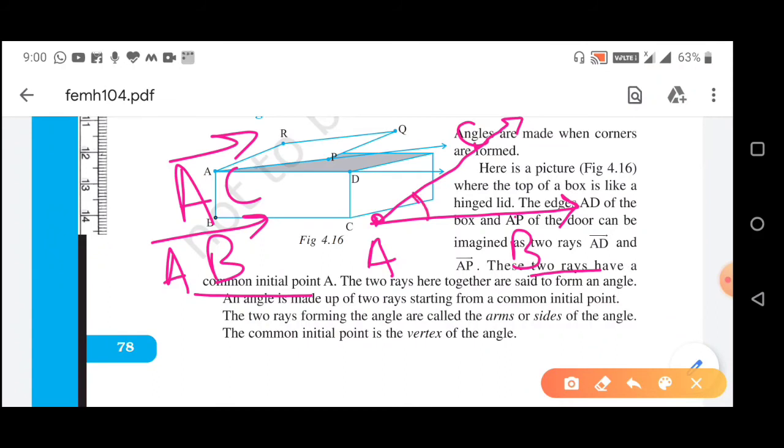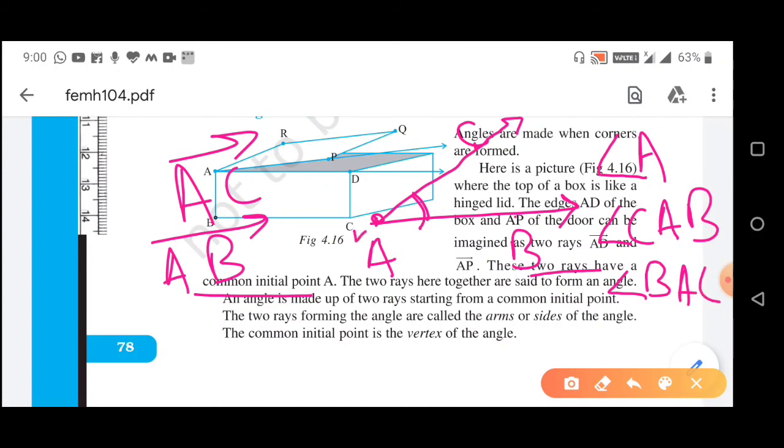So this is the angle. We can represent the angle as angle A, or we can write it as angle CAB, or BAC. The vertex of the angle will be in the middle.